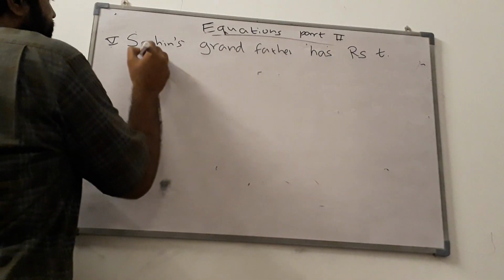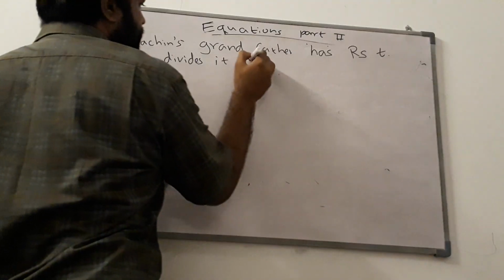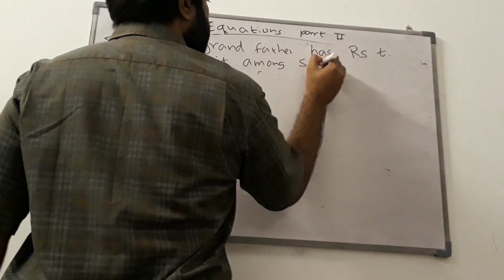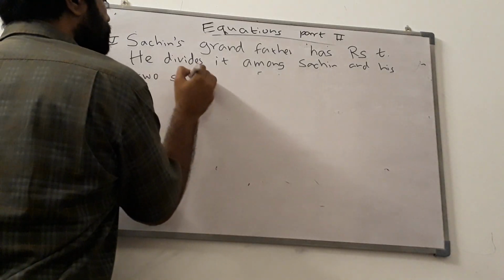He divides it among Sachin and his 2 sisters.